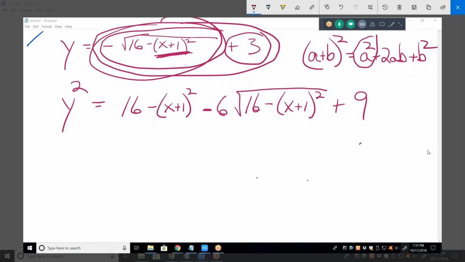Now, this looks like it has to be an ellipse. The reason is that when you look at a standard polynomial, if it's got an x squared and a y squared, same coefficients, and they're being added, it's a circle.